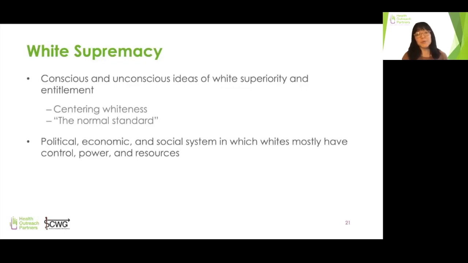So before we go more into structural racism, I think what's really fundamental to that is understanding white supremacy and looking at it as this ideology, first of all, that believes in white superiority and entitlement. And so whether it be conscious or unconscious ideas, because of this, there's this tendency now to center whiteness. And so that becomes the normal standard, and we see it ingrained everywhere.